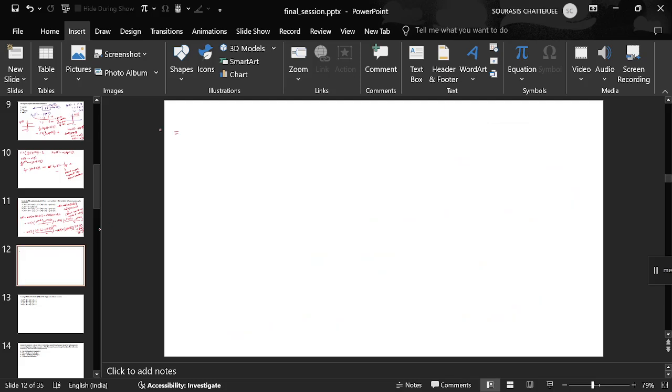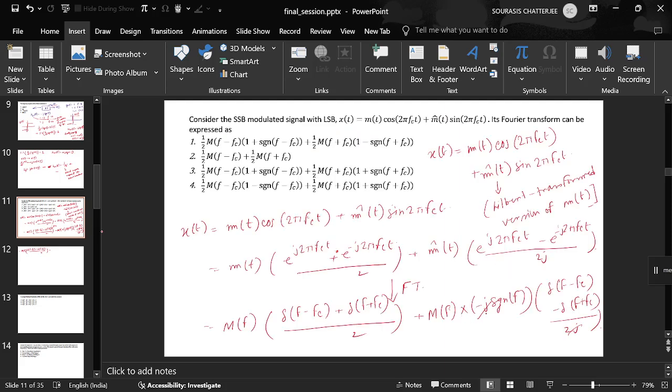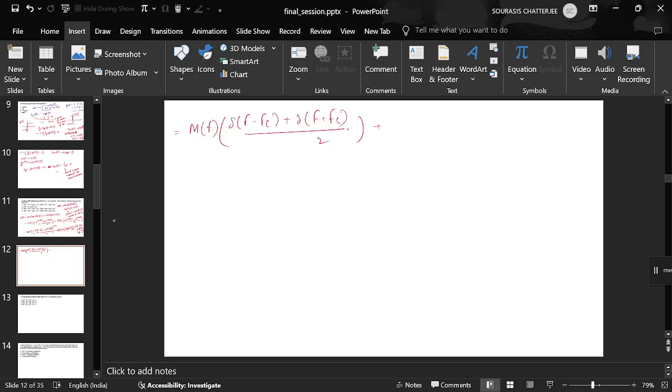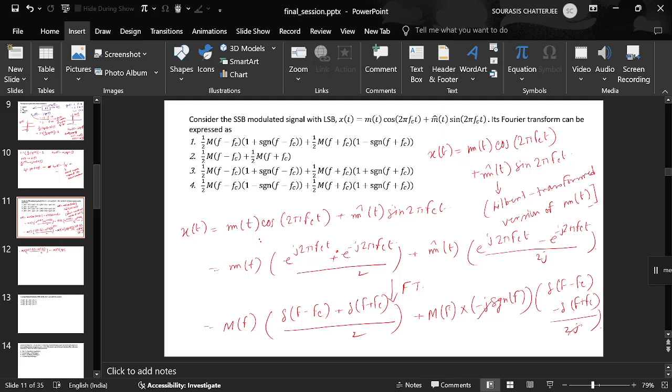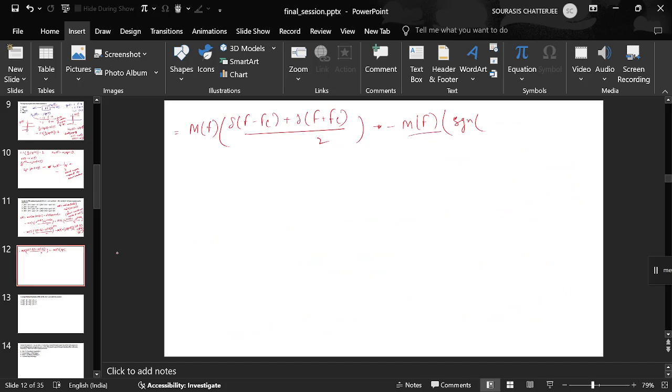Let me write again: M f times delta f minus fc plus delta f plus fc divided by 2, plus, the minus sign should be here, minus M f times sin f minus fc minus sin f plus fc.